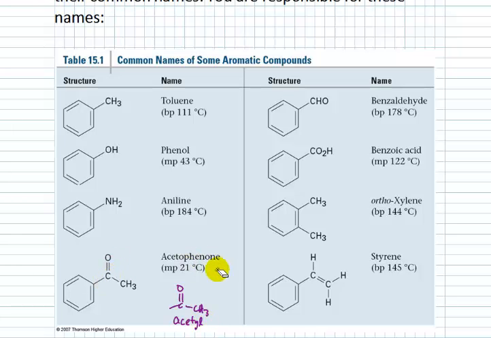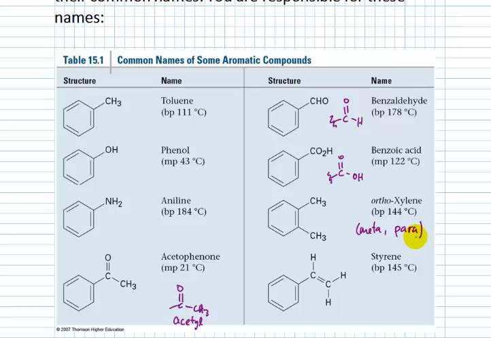Any kind of phenone is something with a benzene ring and a C double bond O next to it, as we'll see. So here's benzaldehyde, C double bond OH attached to it. Here's benzoic acid, carboxylic acid, C double bond OOH. This is a picture of orthoxylene, but there's also metaxylene and paraxylene.